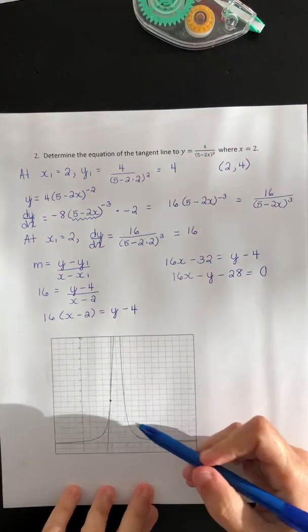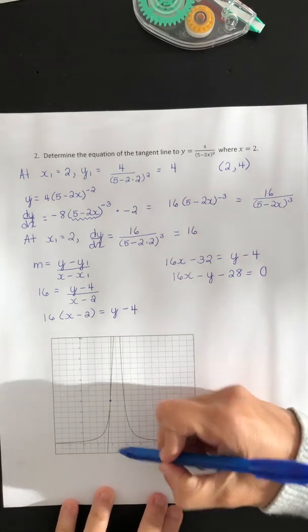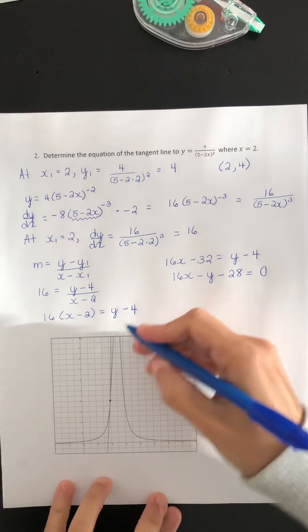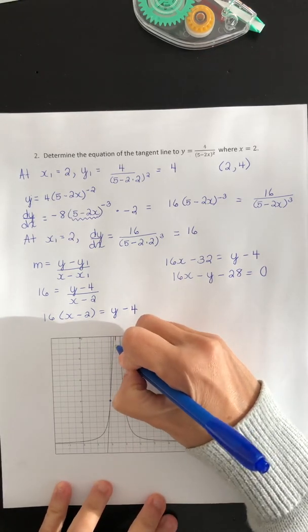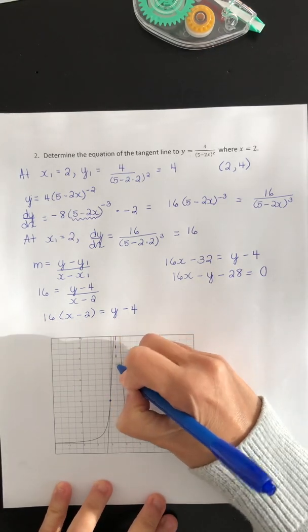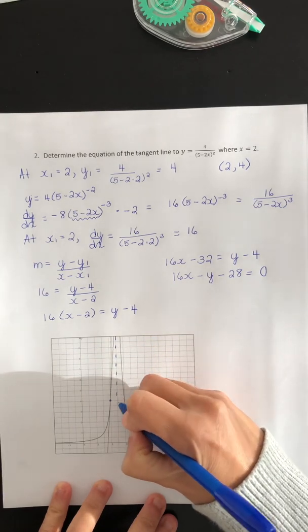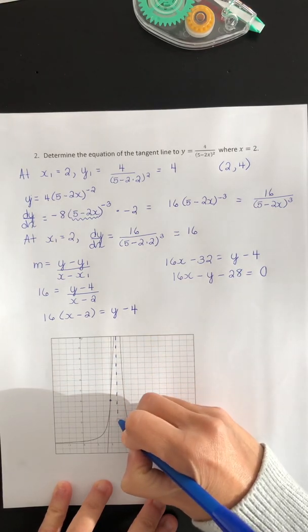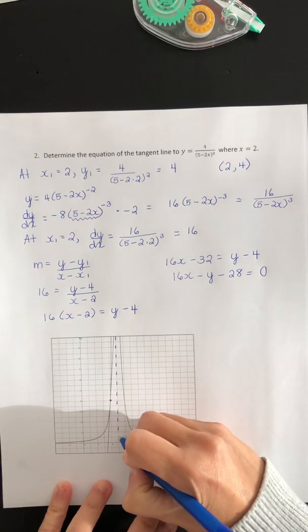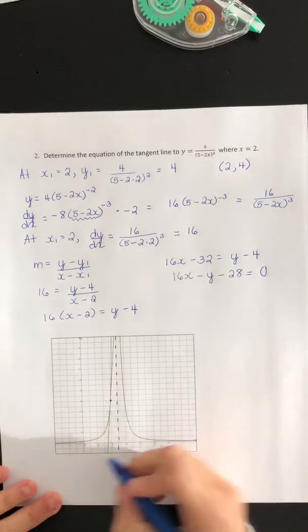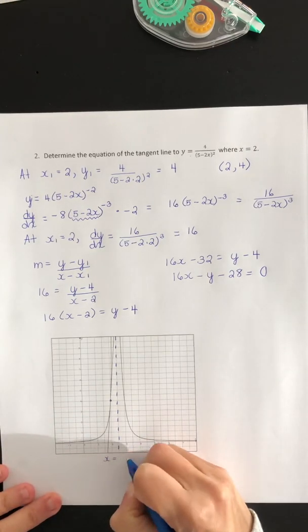So down below in the graph, I'll make a broken line all the way down. This is the vertical asymptote at x is equal to 2.5. That's the equation of that vertical line, x is equal to 2.5. Maybe I can just add that here.